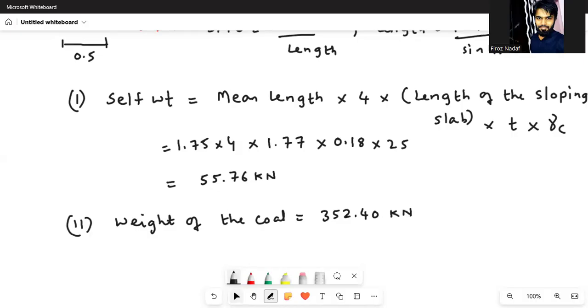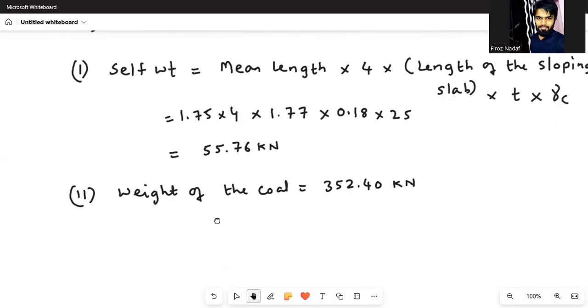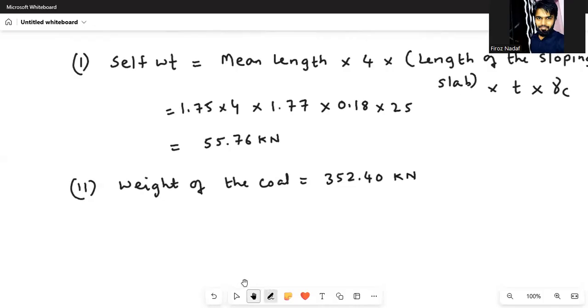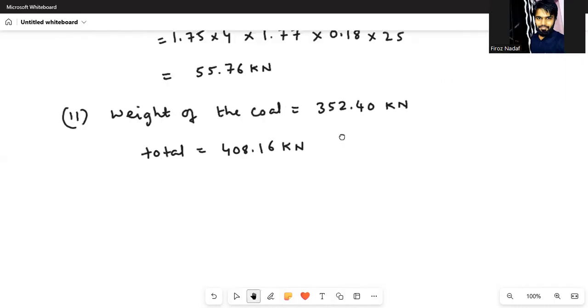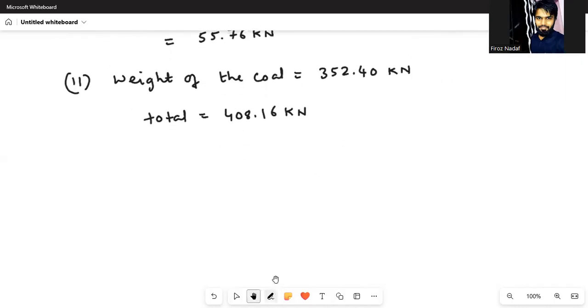And the total weight is the weight of the coal plus self weight, which equals 408.16 kilonewton. Okay. 408.16 kilonewton.